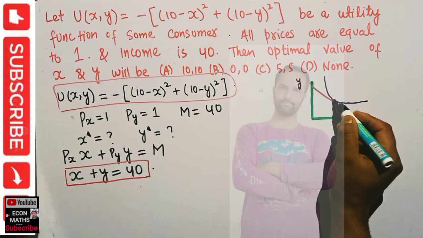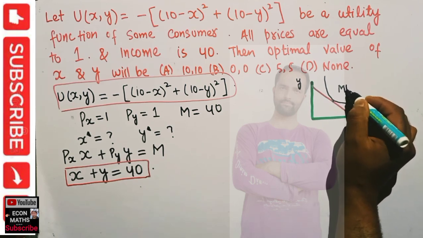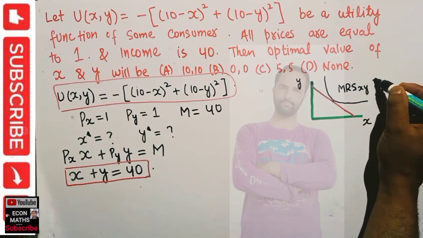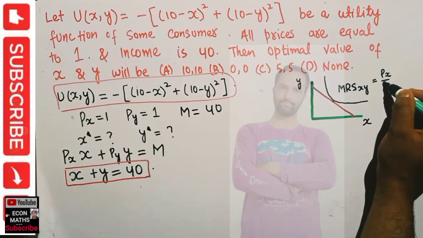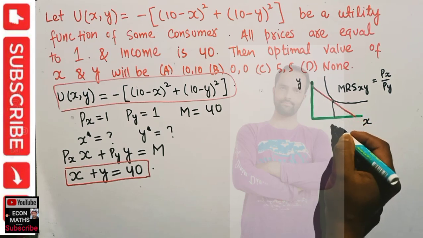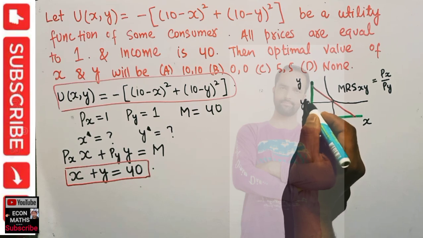At this point where marginal rate of substitution between two goods x and y is equal to the ratio of the prices, that means price of x upon price of y, at this point we will get the optimal values of x and optimal values of y.